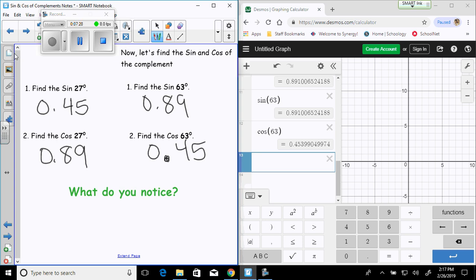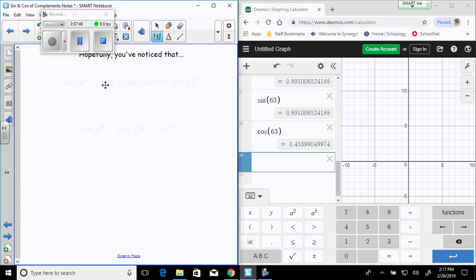What I see is that the sine of an angle looks to be equal to the cosine of its complement, or the cosine of an angle seems to be the same as the sine of its complement. Hopefully you've noticed that the sine of an angle is equal to the cosine of the complement of that angle.